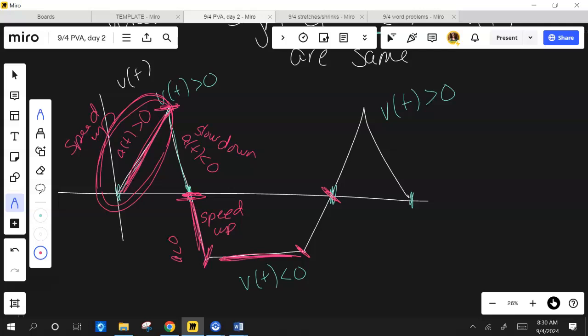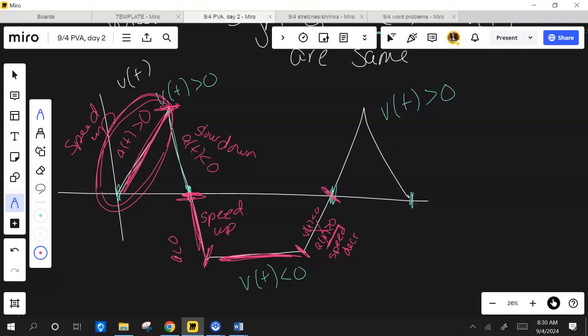What's acceleration there? Acceleration is positive. Why? The speed is decreasing. Why? Because even though acceleration is positive for this little spot, velocity is negative. Those signs do not match.